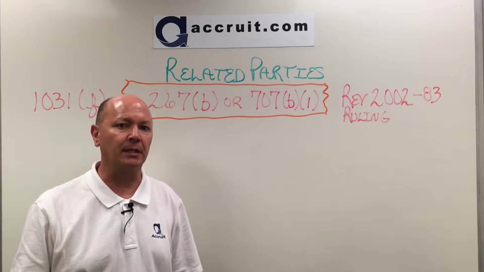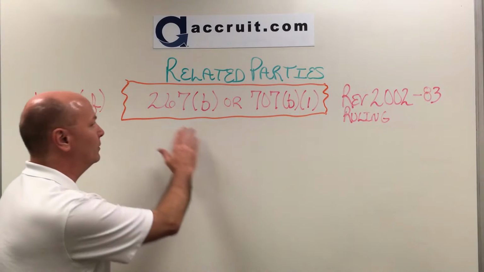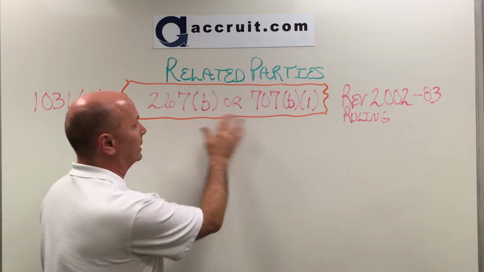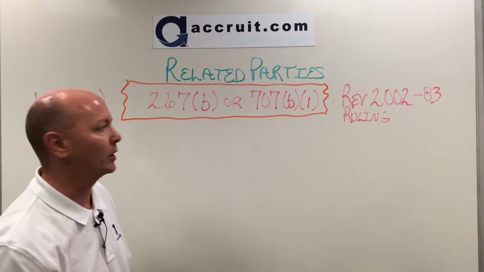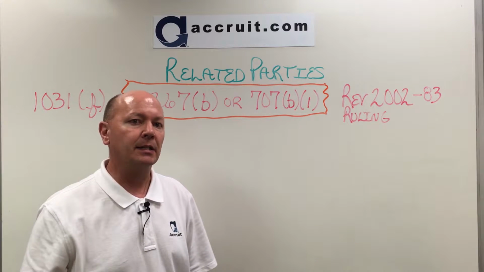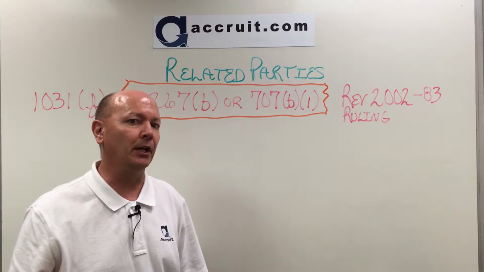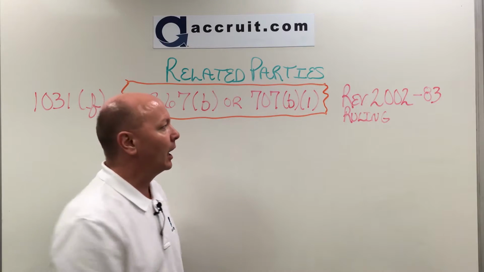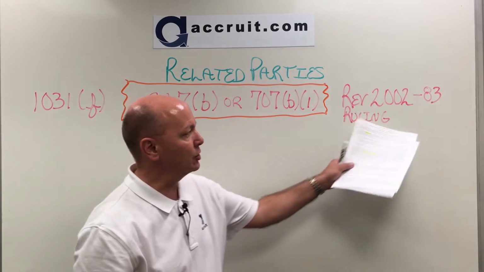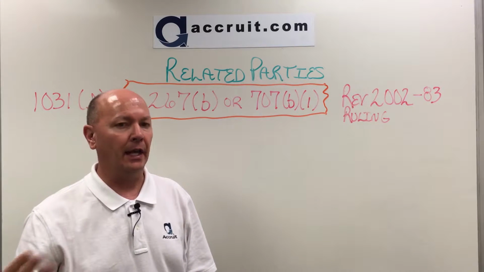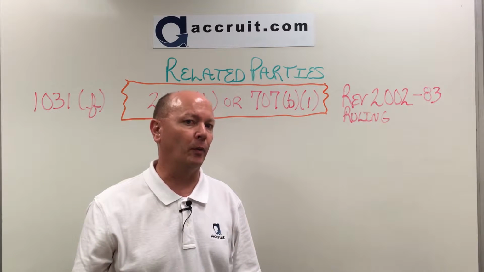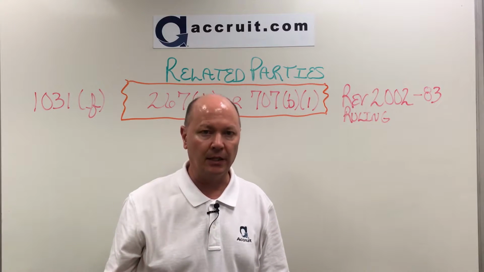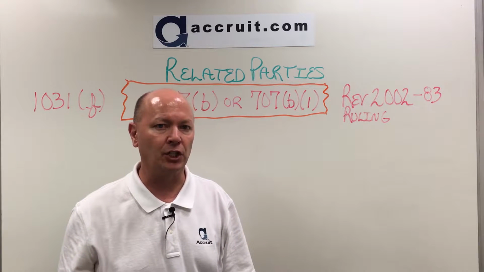That would also be considered to be related. But if you need to go into more detail with what you're attempting to do, you could look at these two sections of the code. And then finally, guidance for anybody who is wondering if this ruling affects them: Revenue Ruling 2002-83, that is something to look up and go over with your tax advisor and decide as to whether or not this may affect your 1031 exchange.